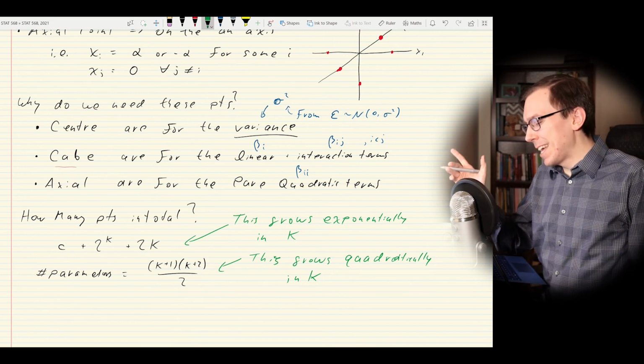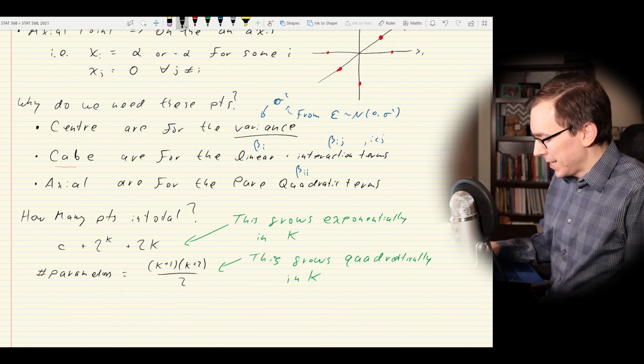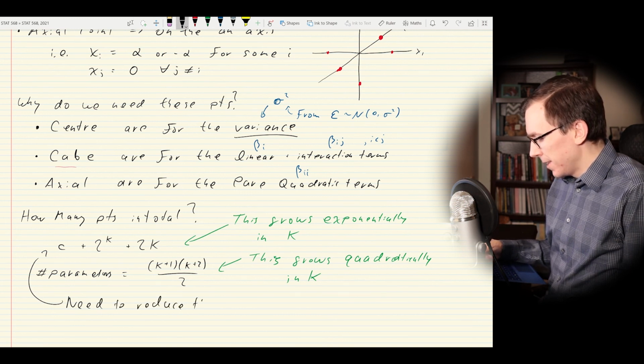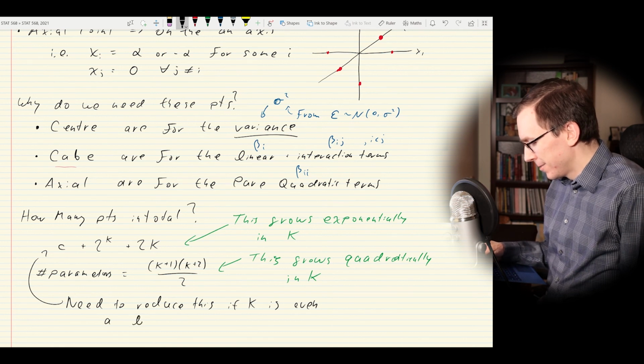So the next thing we need to do is reduce this if k is even a little big.